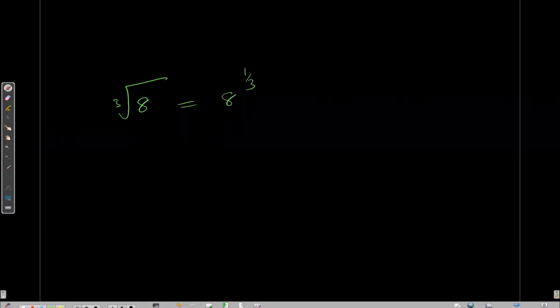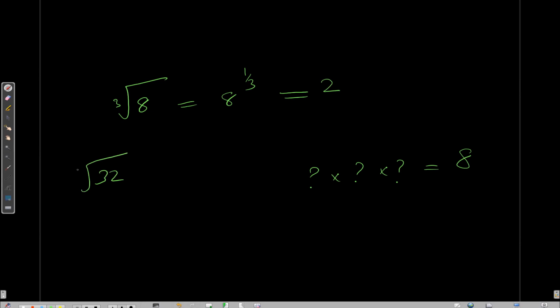So the question is, is there a number? Well, of course there is: the same number which, when you multiply it 3 times, gives 8. And yes, that is 2, right? 32 raised to 1/5 power, that is also 2.